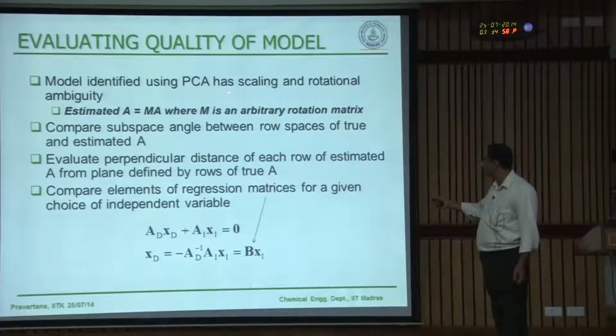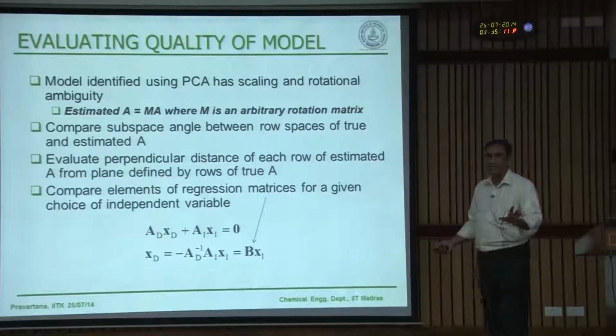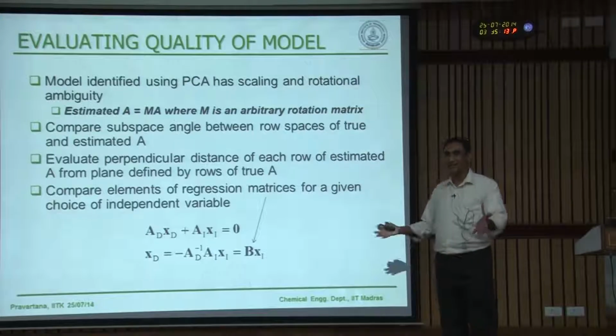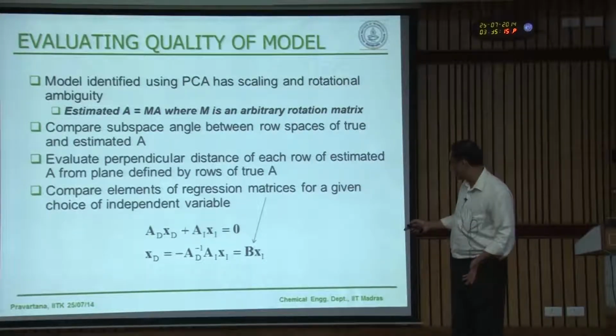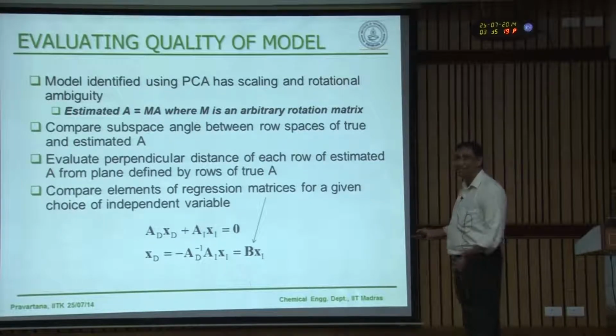This is what we call PCA's scaling and rotation ambiguity. What you estimate is some linear combination or rotation of the original A. A hat, the estimated A, is some M times A, where M is some arbitrary rotation matrix. We do not know what that rotation matrix is, it depends on your data completely. And therefore you cannot compare estimated A and true A directly, element by element.